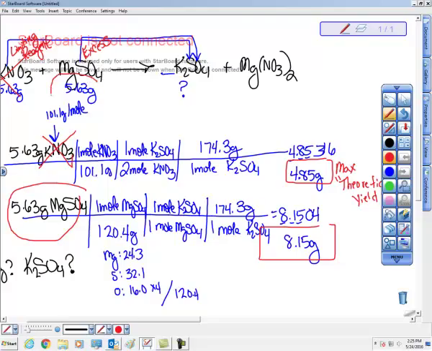We used some of this 5.63 grams to create the 4.85 grams, but we did not use all of it. So we can actually calculate exactly how much MgSO4 we used. It will be a value that is less than 5.63 because it'll represent how much we used, because we did not use all of the 5.63 grams.